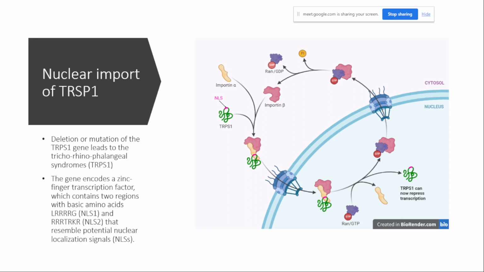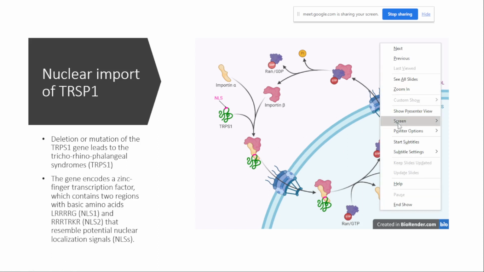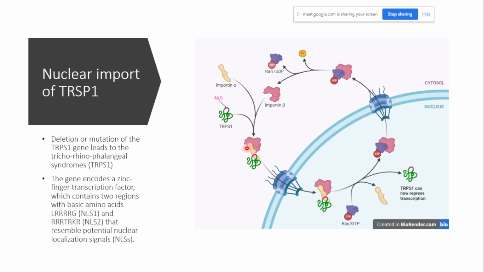So let's understand the nuclear import process here. This is the cytosol, this is the nuclear membrane and the nucleus, and this is the nuclear pore complex, NPC. Start from here: this is the TRPS1 protein, and it has the NLS sequence.